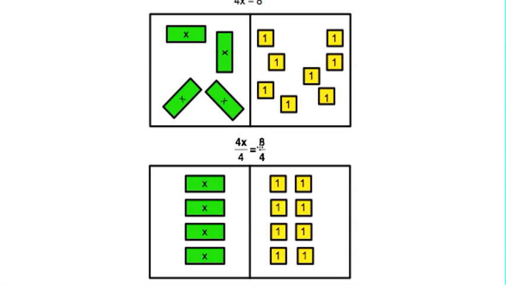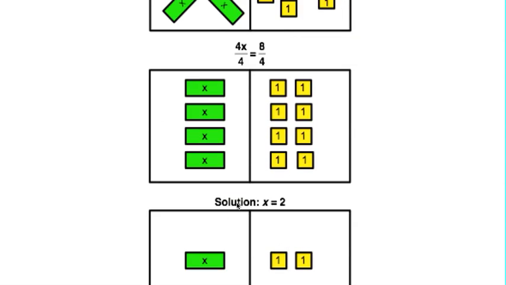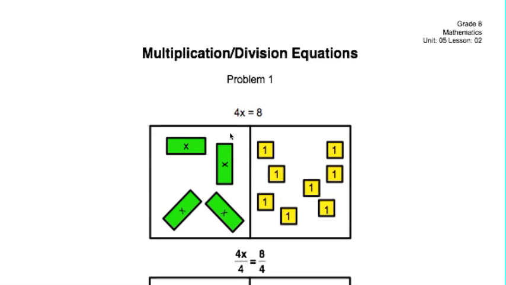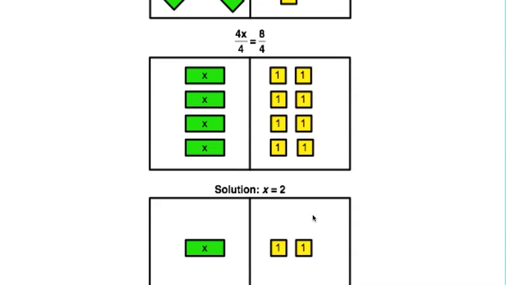So if we divide both sides by 4, 8 divided by 4 is 2. We have 4 groups of 2. Therefore, x equals 2. Let's check to make sure. 4 times 2 does equal 8. So in dividing them into equal parts, we can easily solve a problem with multiplication.